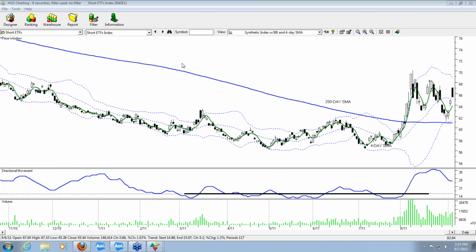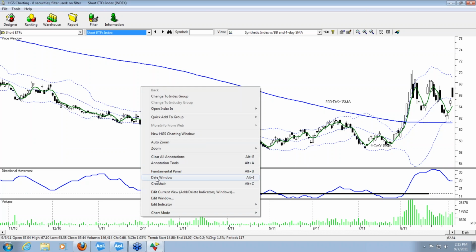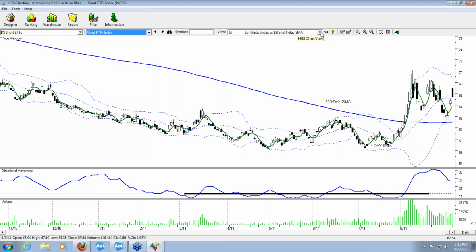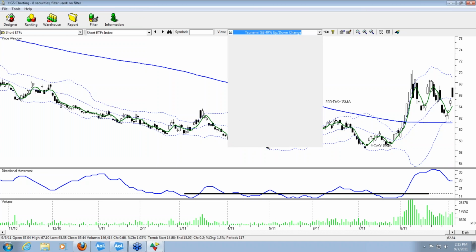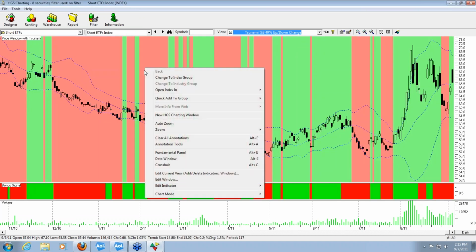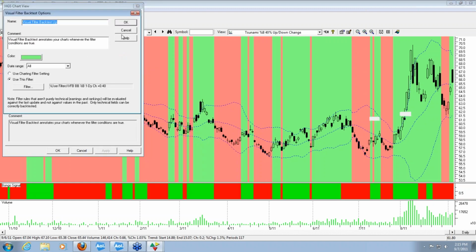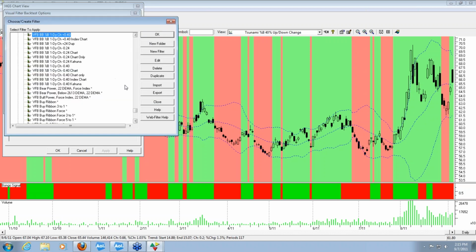Now, let me answer some of the questions that came up about creating the chart. Right-click on the screen, Edit Current View. This is the chart that I want. Here's the visual filter backtest. If you click on filters, remember these are all in alphabetical order, you've got a huge selection of VFB.